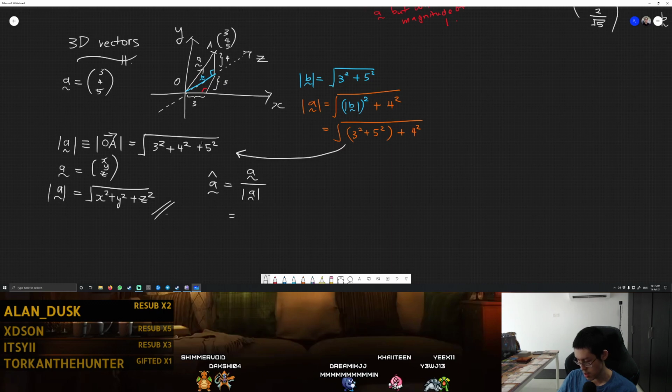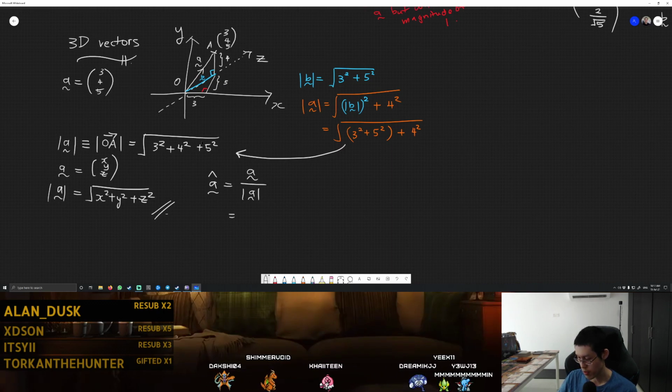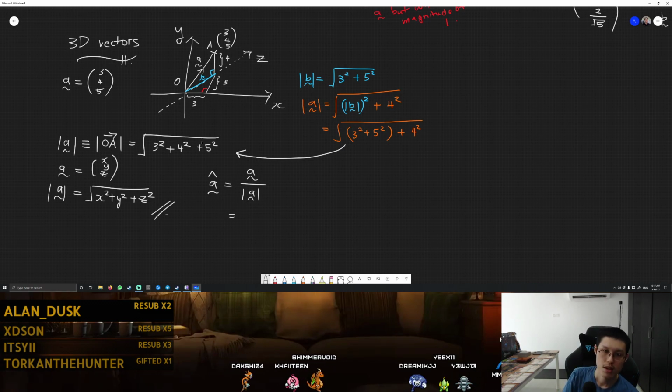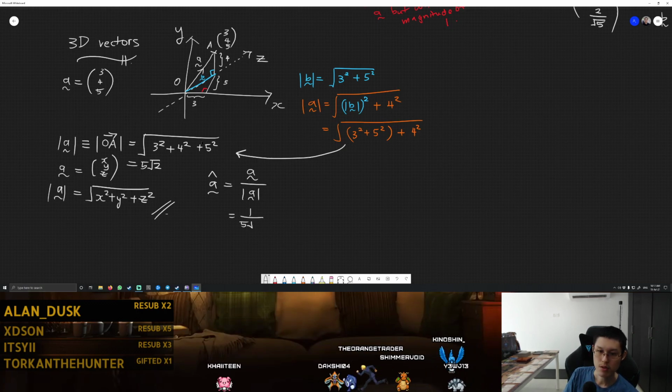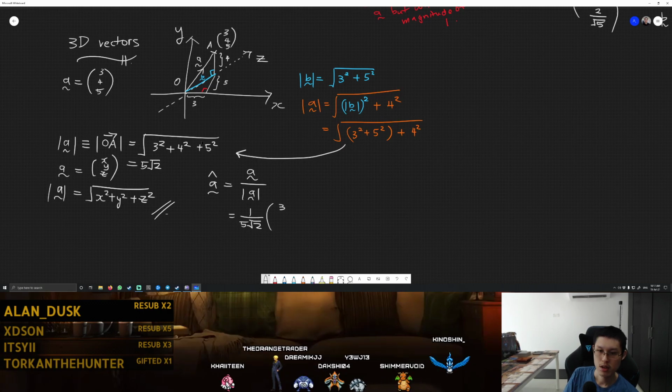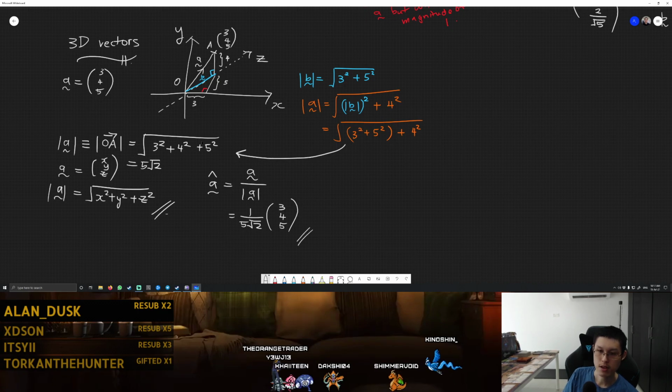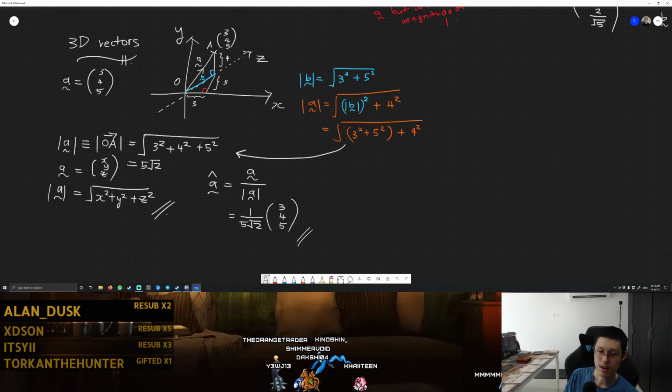Well, 3 squared plus 4 squared plus 5 squared, and the square root of that is 5 root 2. So 1 over 5 root 2, and then A here is going to be 3, 4, 5. And that is our unit vector for A. Done.